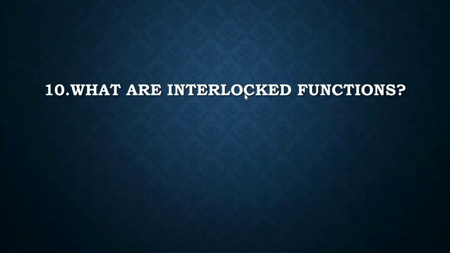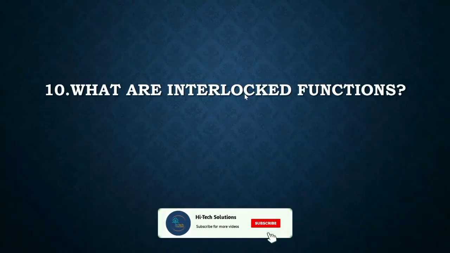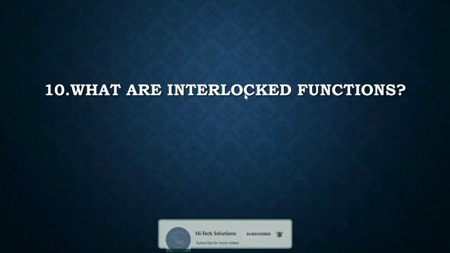I will explain some examples. First one is Add, an interlocked function to add a value to an integer variable safely. Next one is Increment, an interlocked function to increment the value of an integer variable safely by 1. Next one is Decrement, an interlocked function to decrement the value of an integer variable safely by 1.